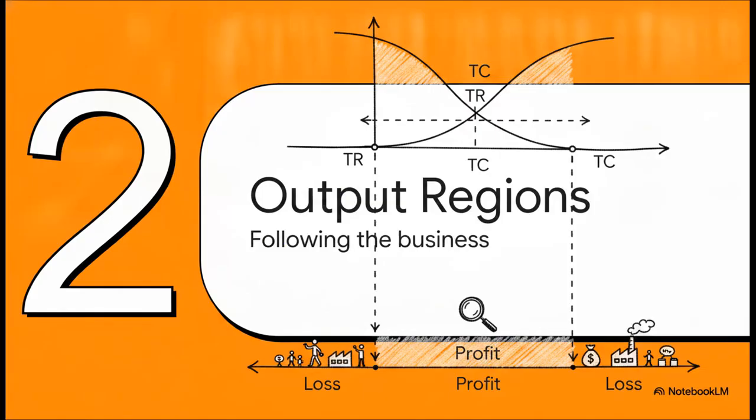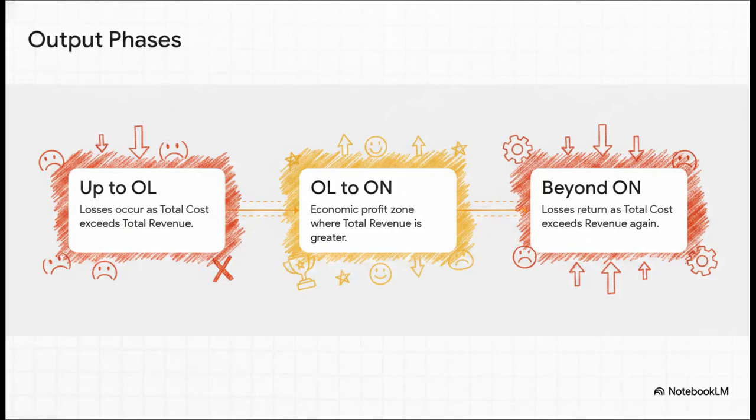Moving right along to Section 2, tracking the output regions. As we increase our output and move from left to right, we actually pass through 3 very distinct phases. First, up to an output level we'll call OL, the orange cost line is physically higher than the blue revenue line. Here, TC is greater than TR, creating a tough zone of negative profit, basically losses.